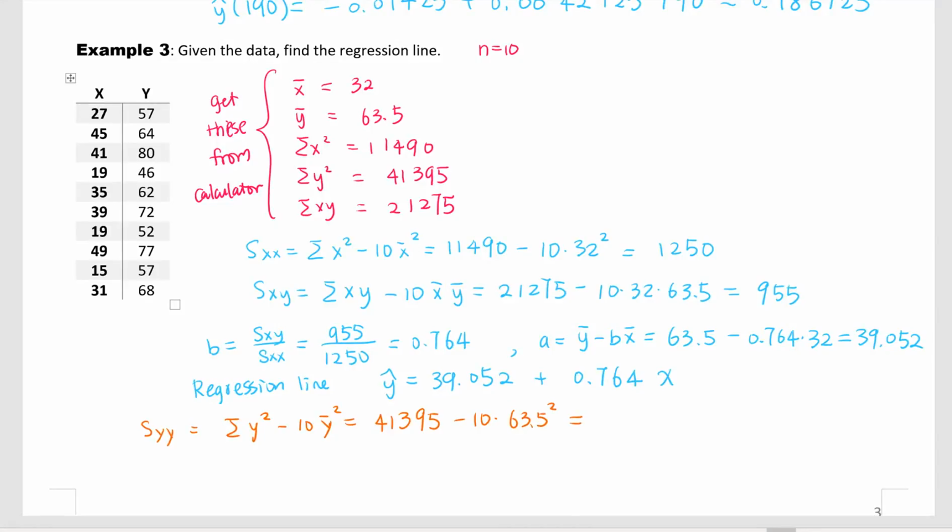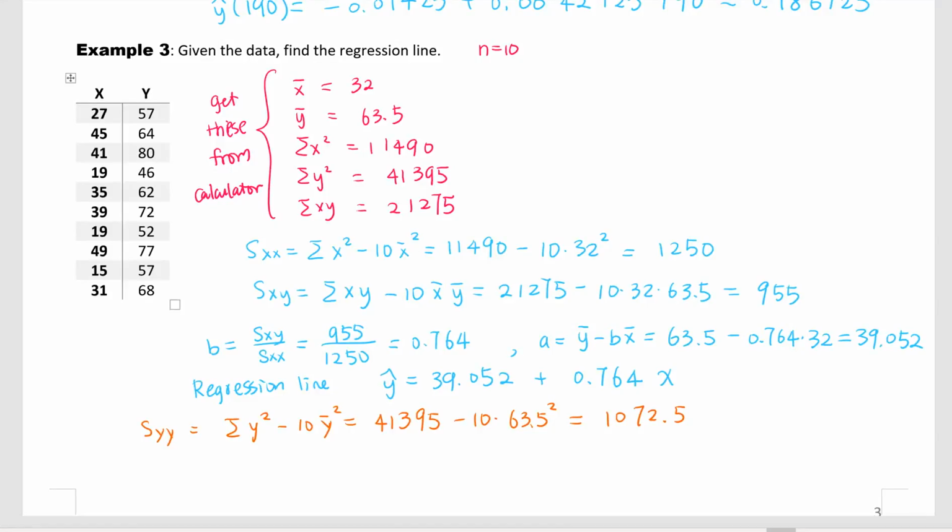Plug this in our calculator: 41395 minus 10 times 63.5 squared. I get 1072.5. Do you have the same answer?